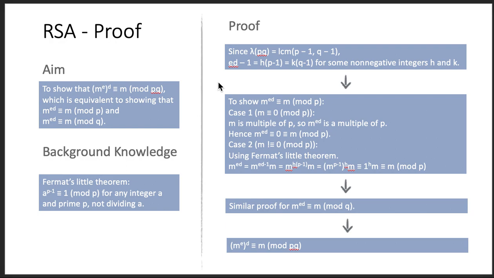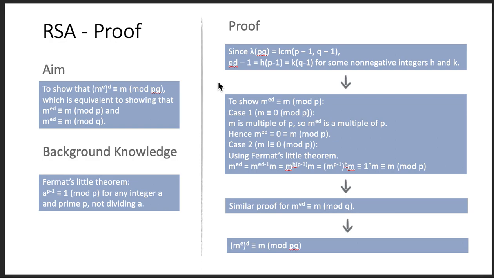For the first case, if m is a multiple of p, m to the power ed must be a multiple of p. So m to the power ed mod p must be equal to 0, which is equal to m mod p. So m to the power ed equals m mod p.